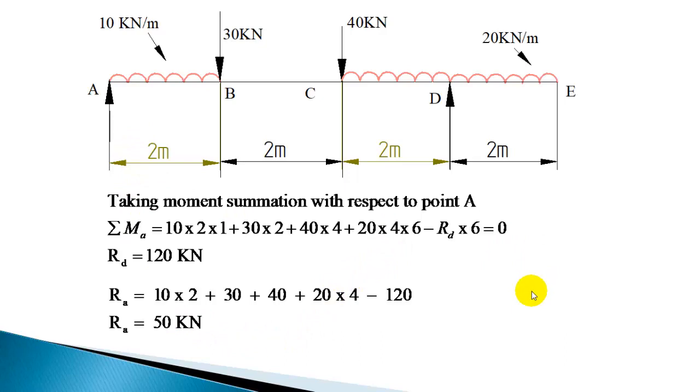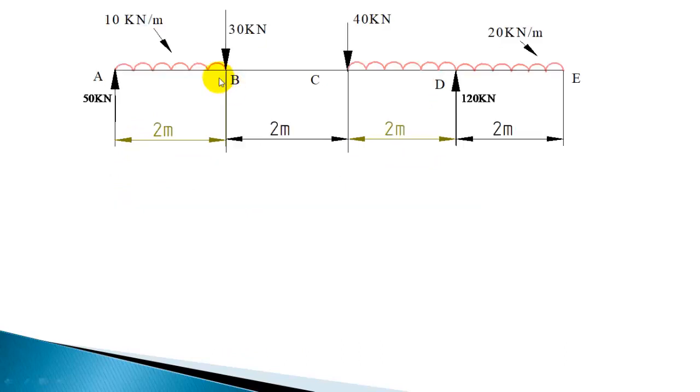Now let us find out the shear force at various sections. Since UDL is acting, you will take two sections in the portion AB, immediately right of A and immediately left of B. Right of A, you have 50 kN. When you take a section here, immediately right of A, only one force is there. So plus 50 is the shear force there.